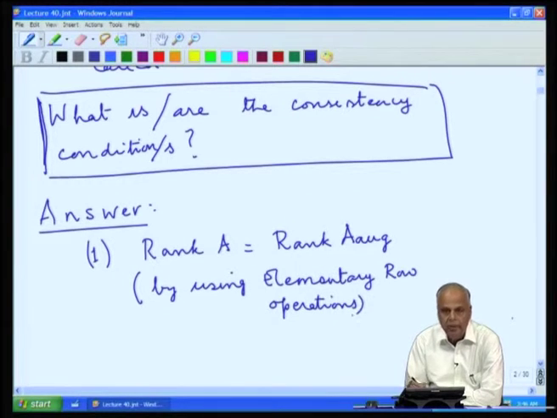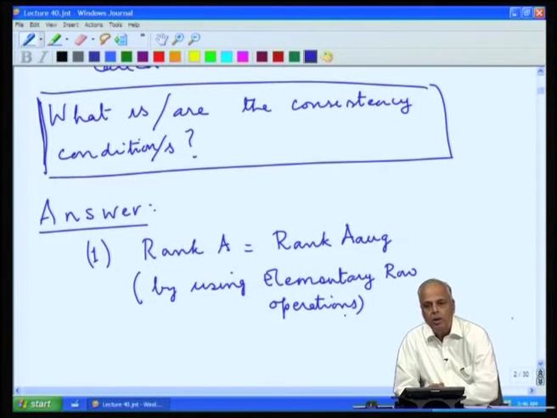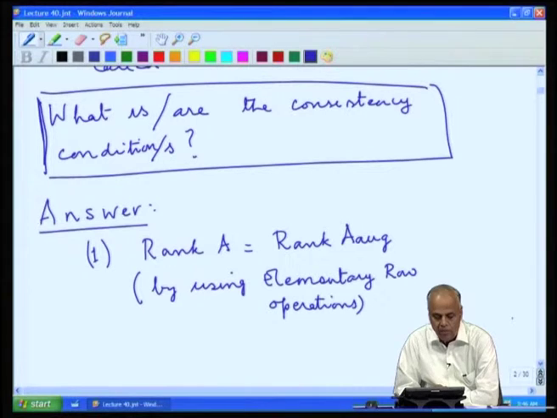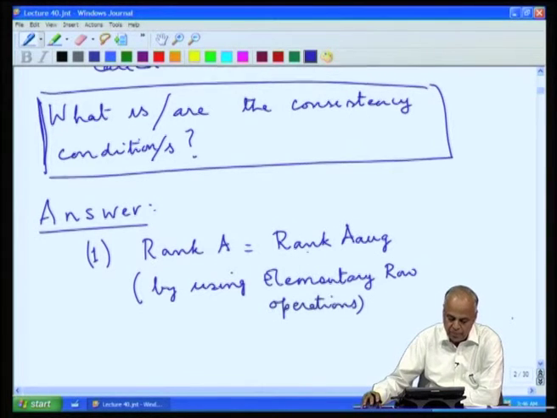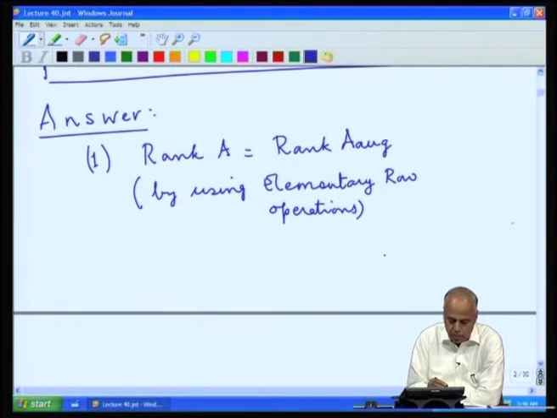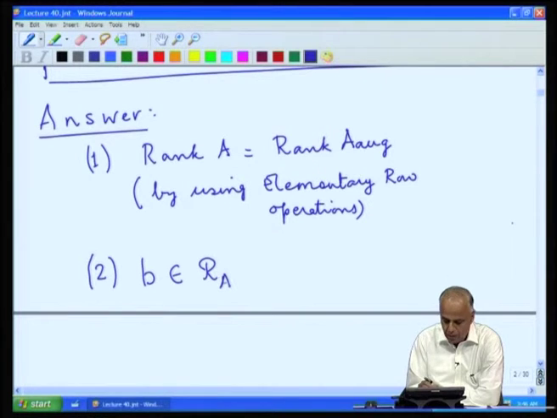This was the first time we got the consistency conditions for the system to have a solution. Then we looked at them from the point of view of transformations, and we observed that if Ax = B has to have a solution, B must be of the form Ax, and such vectors are called range vectors. So, the other way is that B belongs to the range of A.